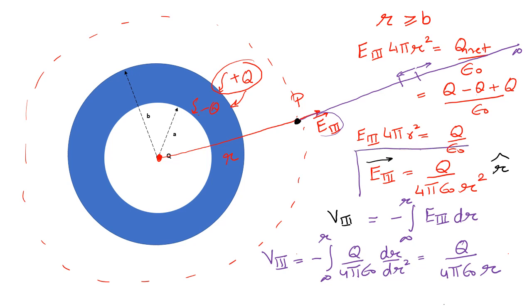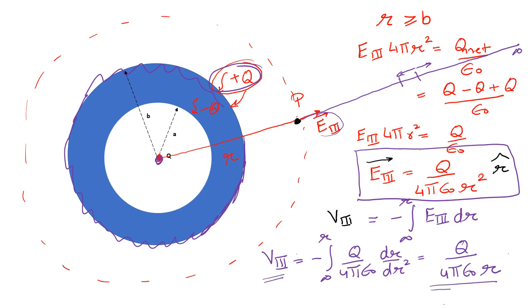The electric field behaves as if whatever charge was present on this outside surface, in this case plus q, all that charge is sitting right in the center. That is what the electric field is going to look like. And related to that, the potential is also going to look like a point charge.